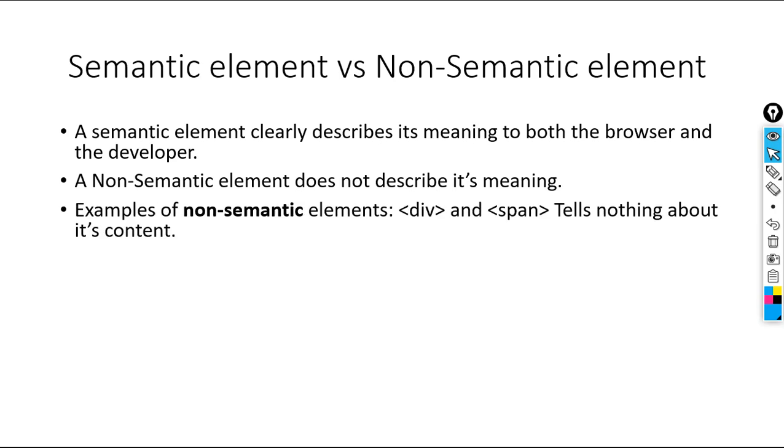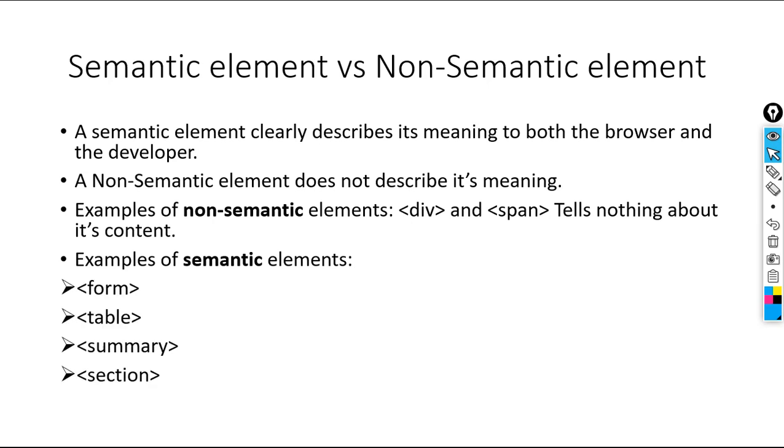For example, non-semantic elements are the div tag or span tag, which tell nothing about their content, correct? Whereas examples of semantic elements are the form tag, table tag, summary tag, and section tag. If we observe, div or span are not English words. That's the reason we are not getting any meaning.